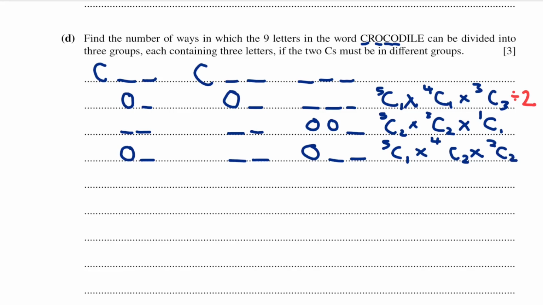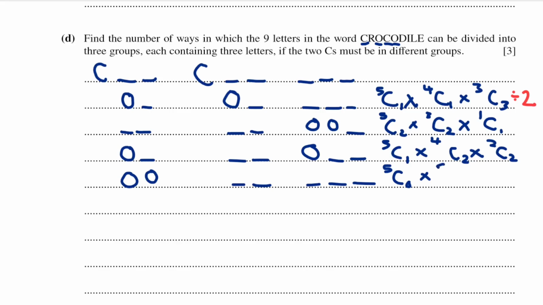And then there's one last arrangement where both O's go in the same group with one of the C's, and everything else will be left blank. This is simply going to be 5C0. There's no slots left, so 5C0 times 5 minus 0 is going to be 5.